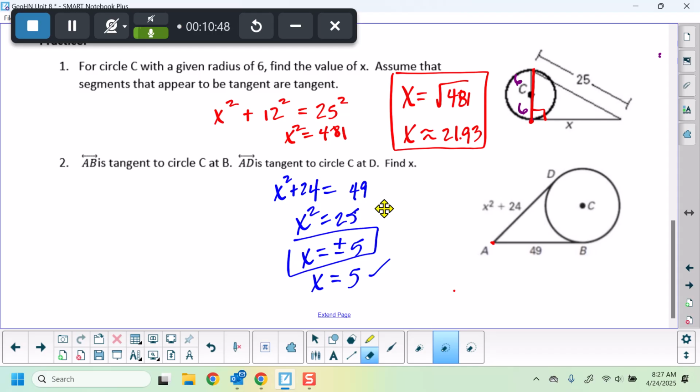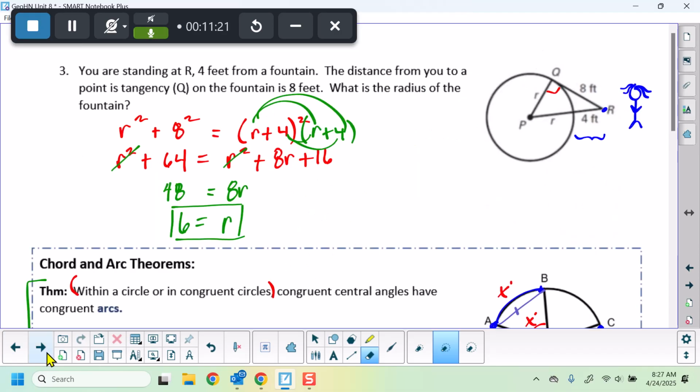Both give me positive 25. So there's two possible answers. In geometry, frequently, we don't even bother with the negative because distance can't be negative. But if I plug negative 5 into this answer, is it a possible solution? So we write plus or minus, telling you there's two answers that make that true: positive 5 and negative 5.